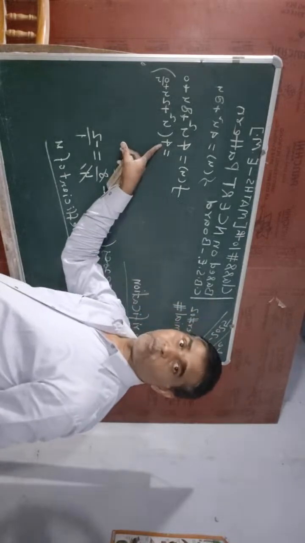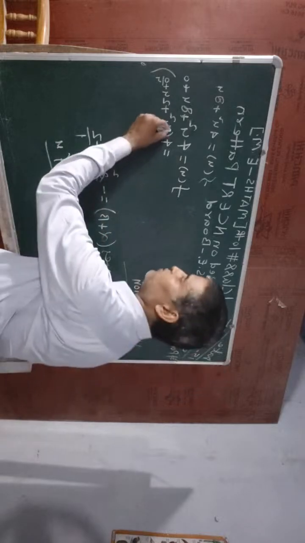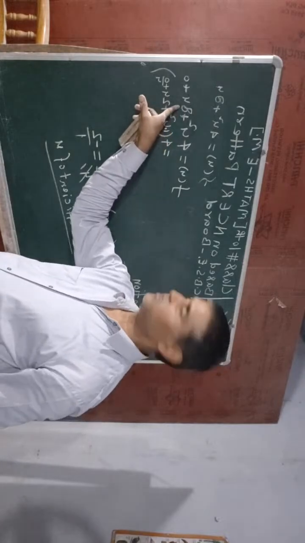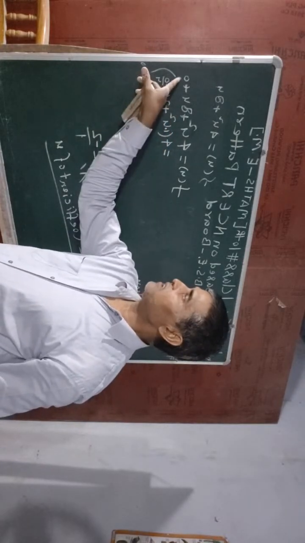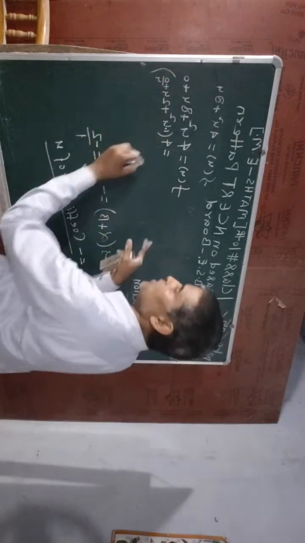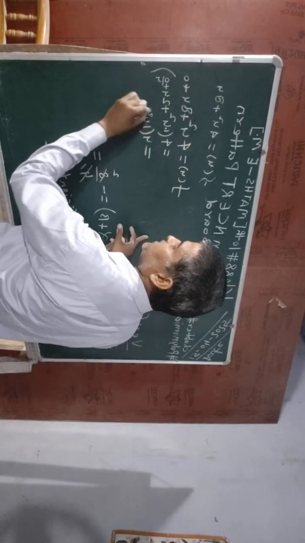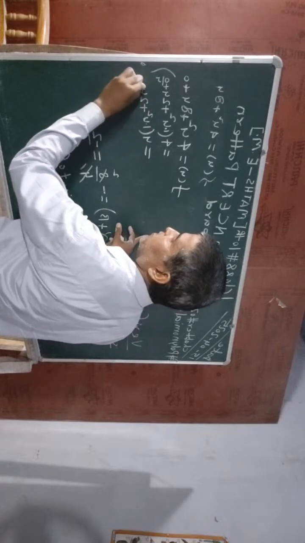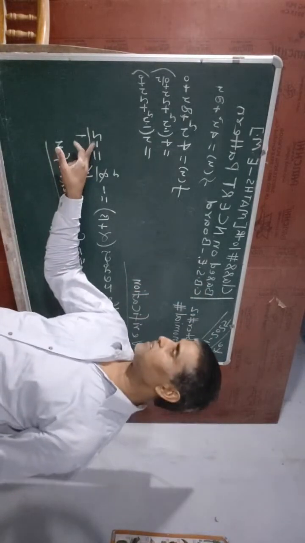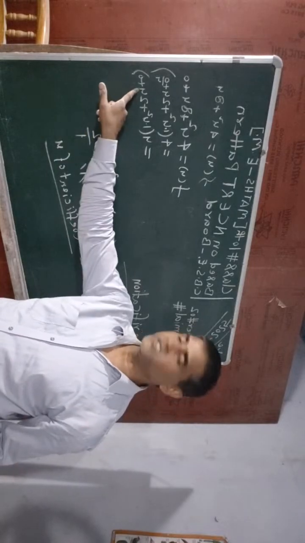I have taken 4 common, so the coefficient of u square will be 1, and dividing 8u by 4 gives 2u, and 0 divided by 4 is 0. So I can write it like this. So here is minus 2 divided by 1. The value of 2 is the coefficient of u.